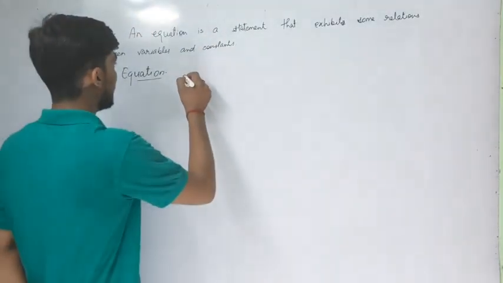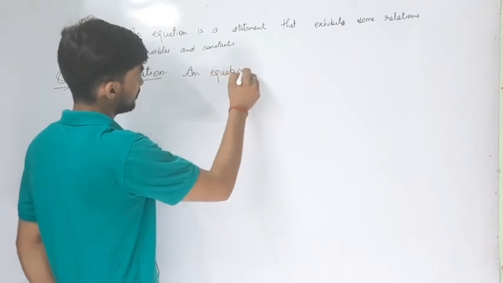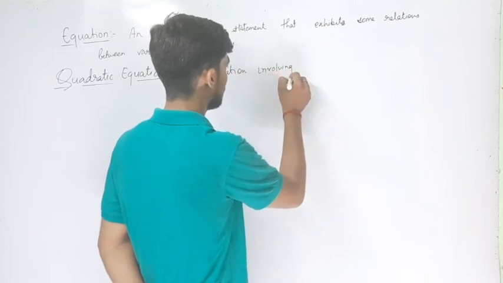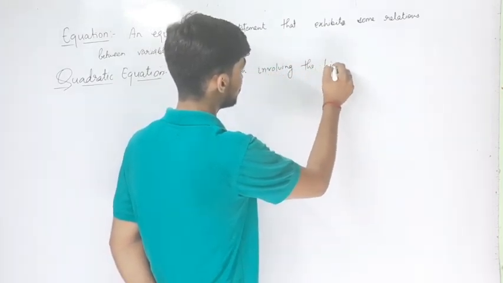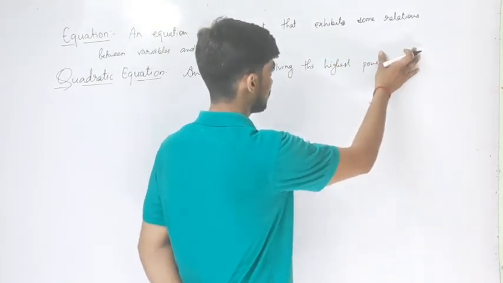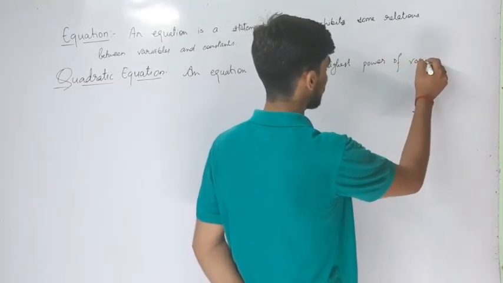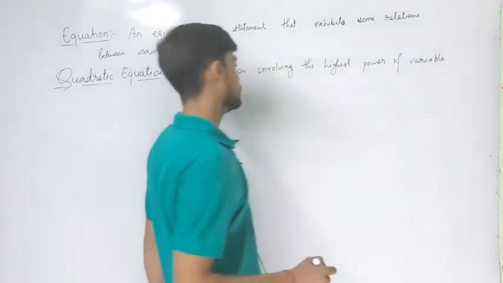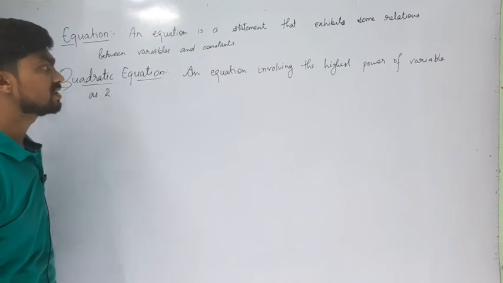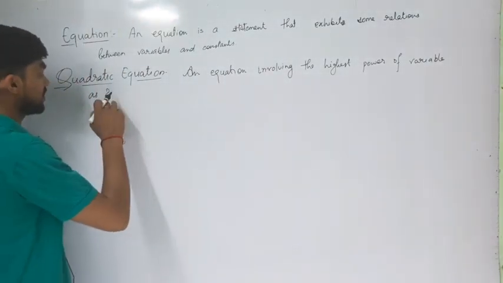Means an equation involving the highest power of variable as 2. An equation involving the highest power of variable as 2 is a quadratic equation.